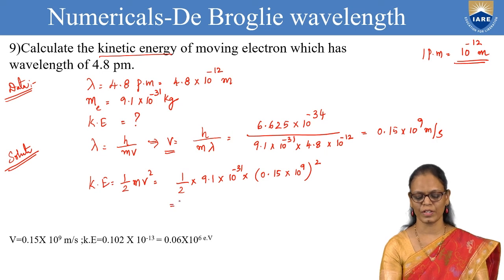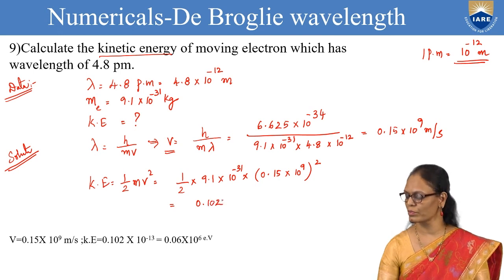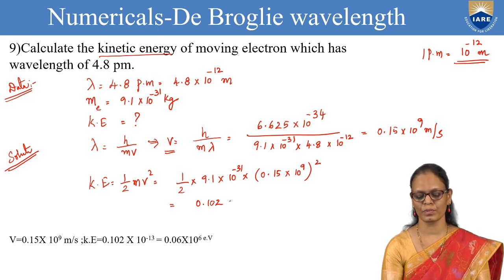If you solve it, what you get here is 0.102 into 10 power minus 30.